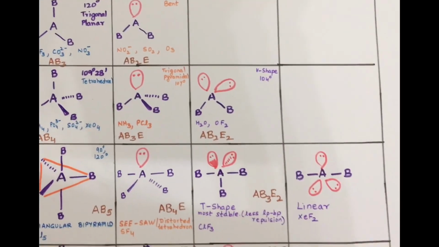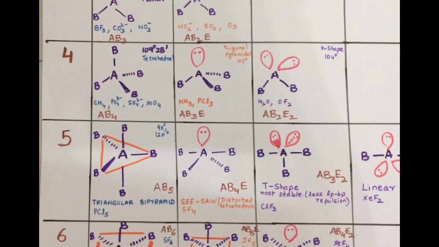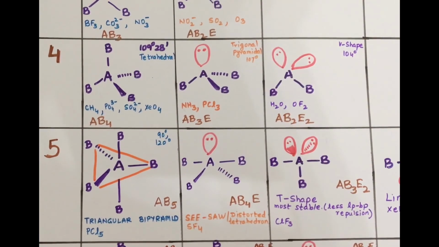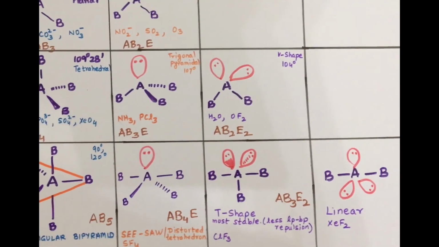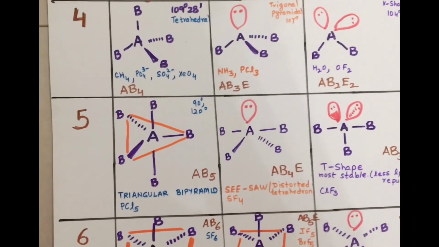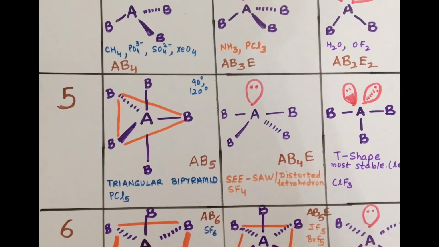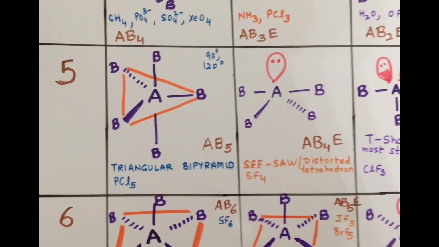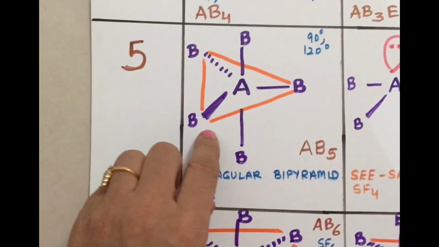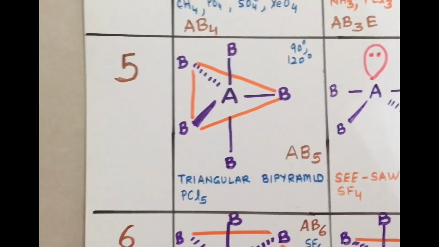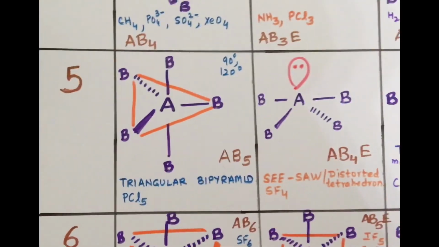I'll try to give you a close-up of each and every row. Go ahead, because if I put a picture, it does not come out that clearly. You are most welcome to add more examples to it. Now, if you see in these structures, these orange lines that I have drawn are basically to indicate the shape.